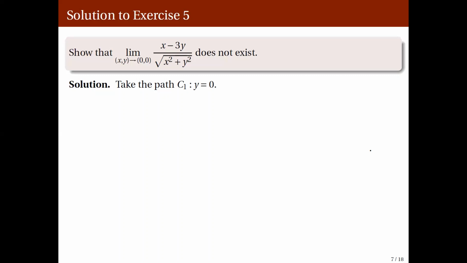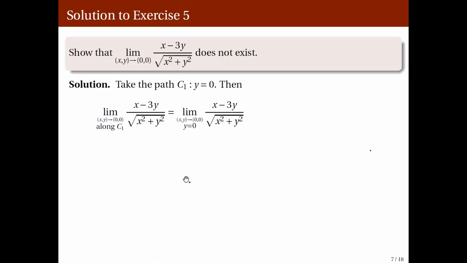So let's take y equals 0 and see what happens. If we plug in y equals 0 in this expression here, we get a limit going to 0 for x of x minus 3 times 0, which is just x, over square root of x squared plus 0 squared.